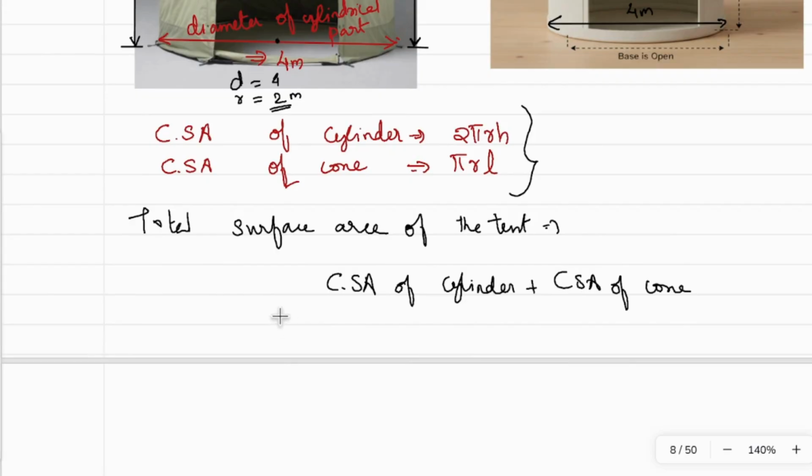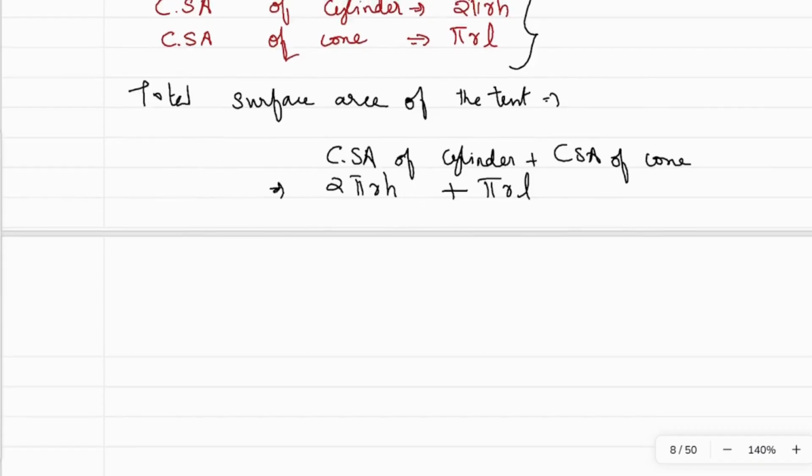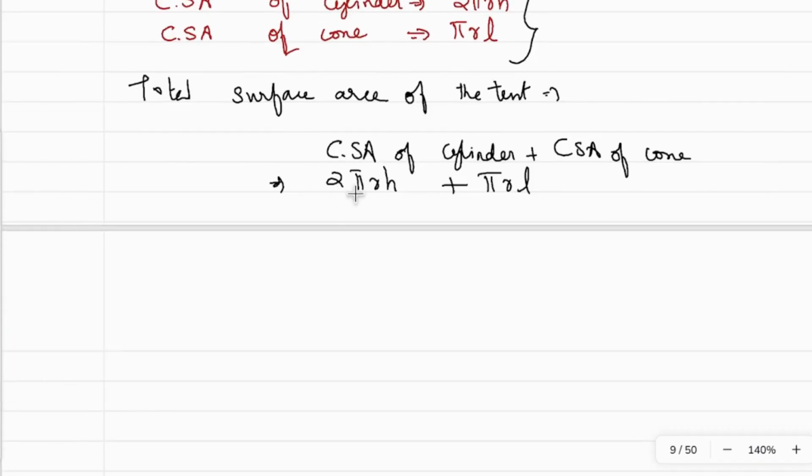The CSA of a cylinder is 2 pi r h, plus pi r l, which is the CSA of a cone. From here, we can take pi and r as common. So pi r, and what is left over is 2h plus l in this equation.